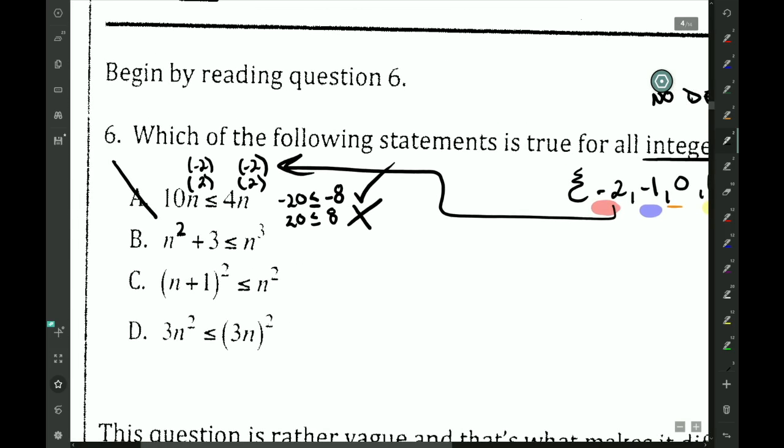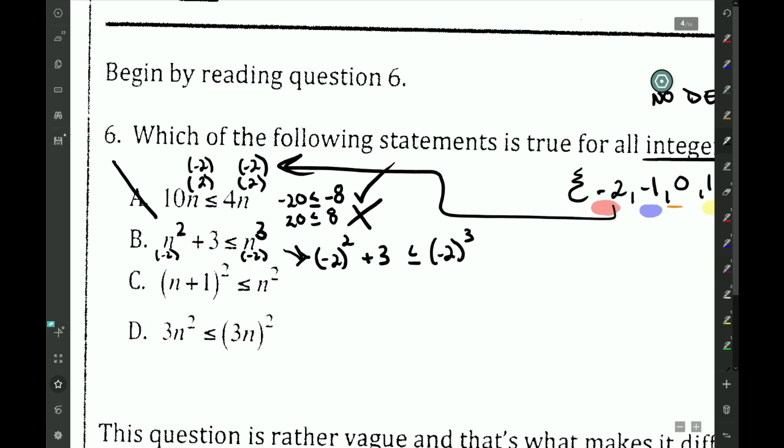Now, let's think of this one here. Again, we'll try -2 first. Now be careful. -2 squared plus 3 less than or equal to -2 to the third. You really need the parentheses.